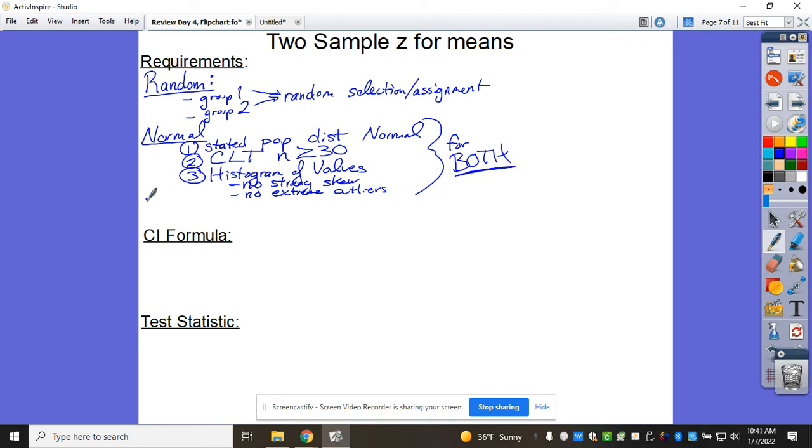And then I still have to check my last condition, which is independent, which is actually checking what? The 10% condition. What do I need to do here? Tell me what to write with that. Capital N1 is greater than or equal to 10 times lowercase n1, and with subscripts of 2.